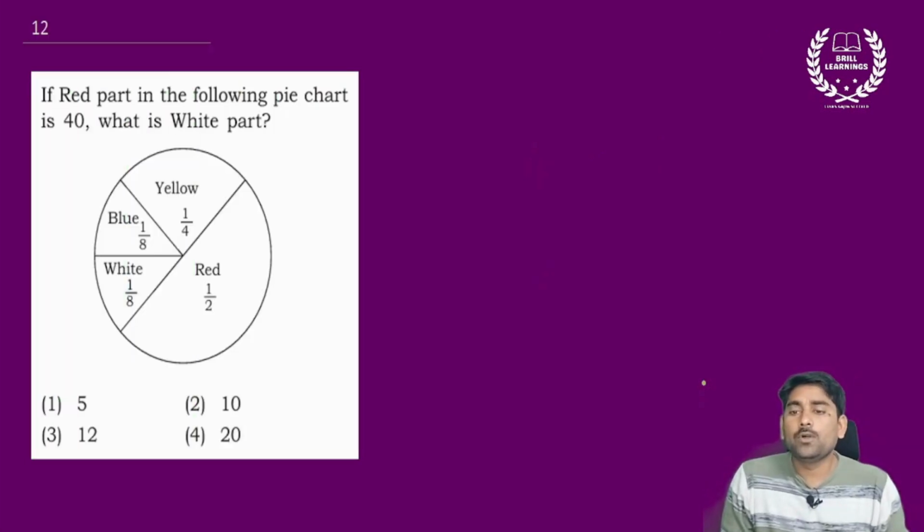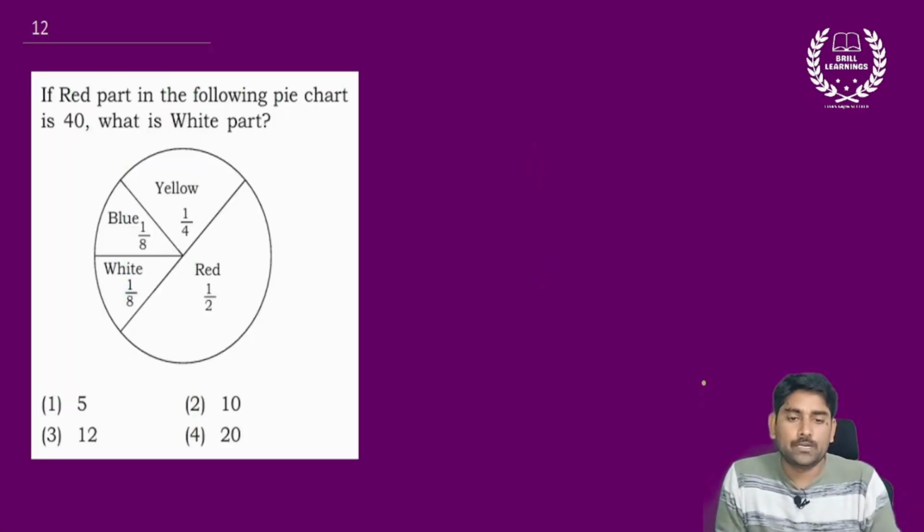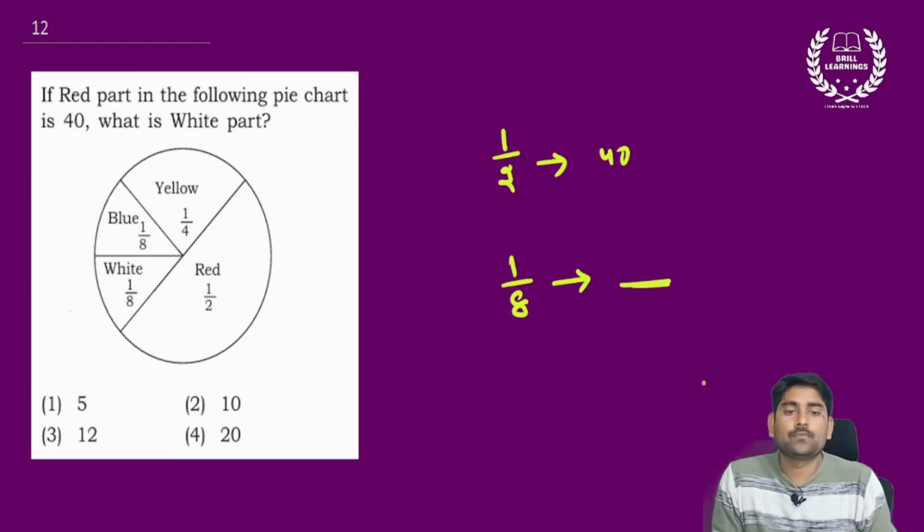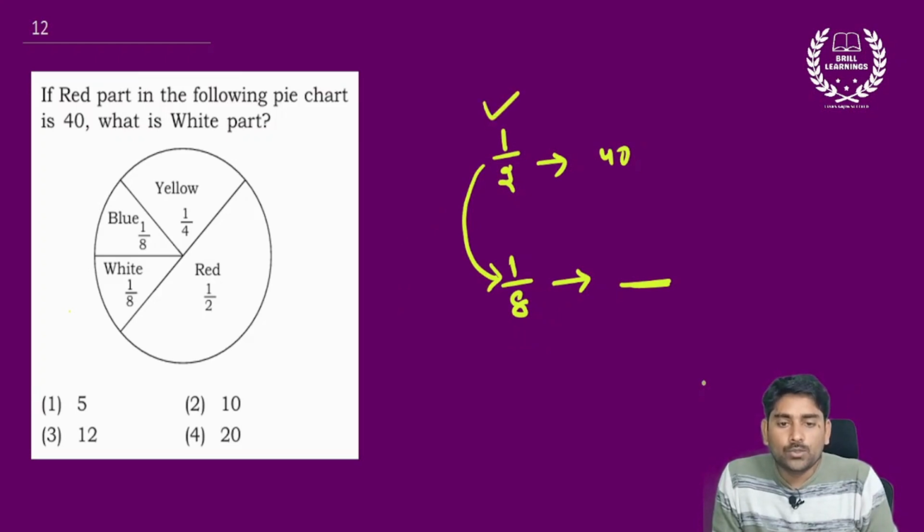If the red part in the following pie chart is 40, what is the white part? So here the red part is 1 by 2, that is equal to 40, and they are asking about the white part. The white part here is 1 by 8, so we need to find 1 by 8. To get this 1 by 8 value, you have to multiply this 1 by 2 with 1 by 4, right?